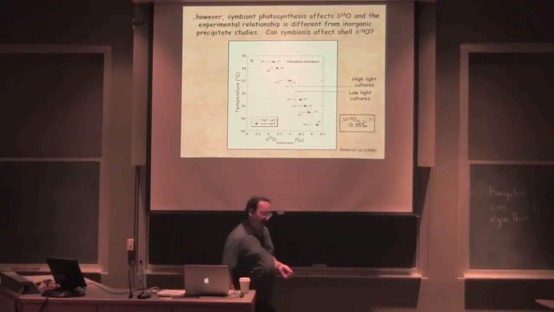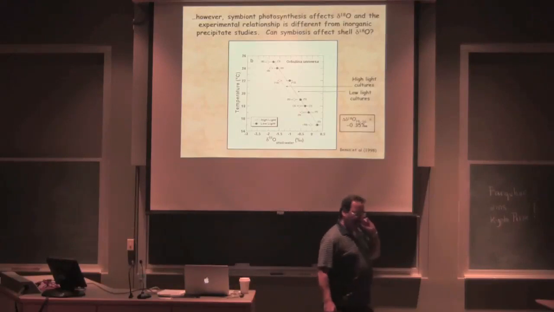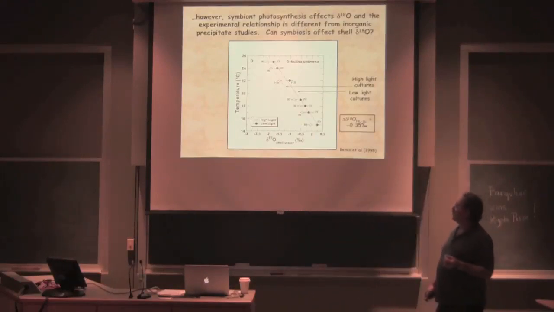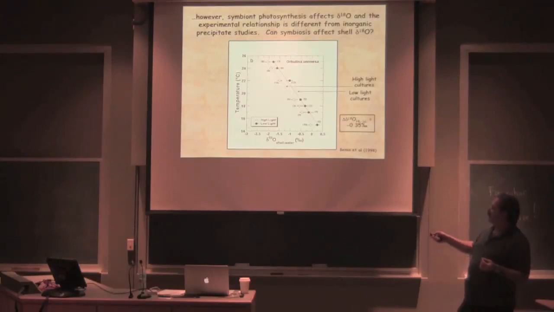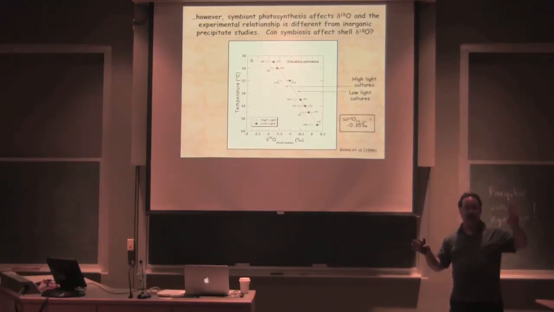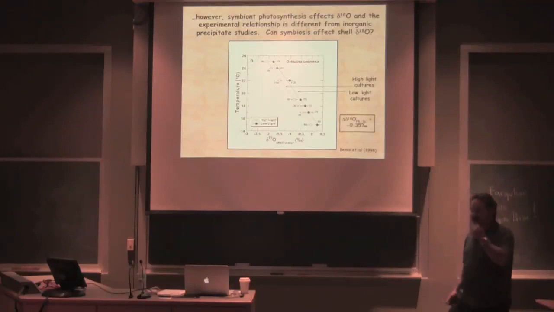What I'm talking about is the fact that during the years of my first PhD student, Brian Bemis, we started analyzing foraminifera that we grew under high light and foraminifera that we grew in the dark. So effectively, symbiont photosynthesis, no symbiont photosynthesis.